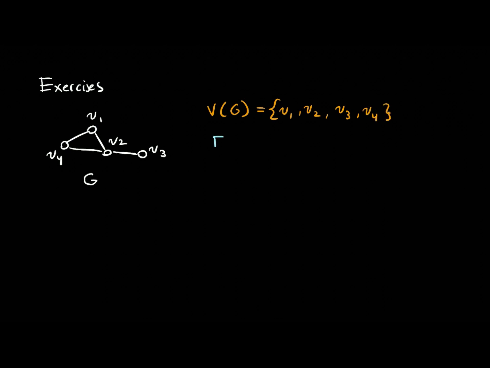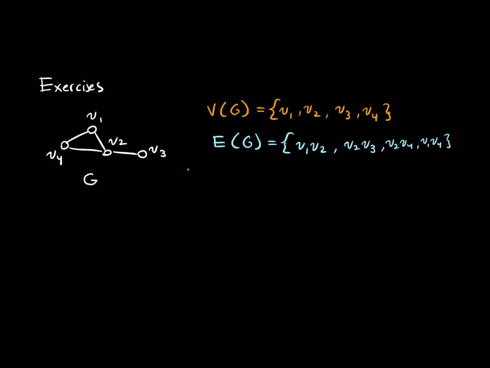And the edge set of G here would be defined as, notice how V sub 1 and V sub 2 are adjacent. So V sub 1, V sub 2 is an edge. Observe V sub 2, V sub 3 are adjacent. So V sub 2, V sub 3 is also an edge. You can also see that V sub 2 and V sub 4 are an edge. And V sub 1, V sub 4 is also an edge.